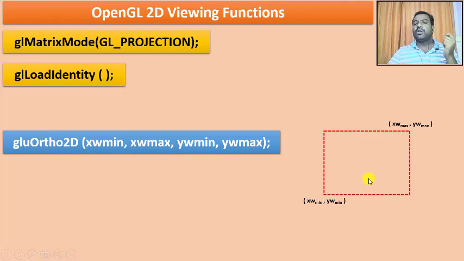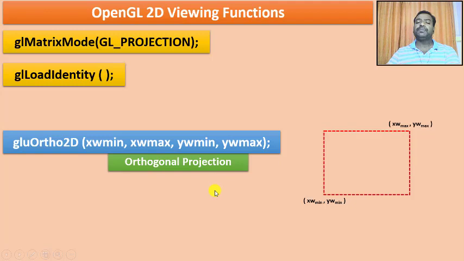Just recall how we draw a rectangle by using these 2 points, which I discussed when talking about the API and how to draw a polygon or a rectangle specifically. So we have gluOrtho2D, which gives me orthogonal projection. Right now, don't worry about this; we'll see what orthogonal projection is later on. But right now, if I want to set a clipping window, this is the function I'm going to use.